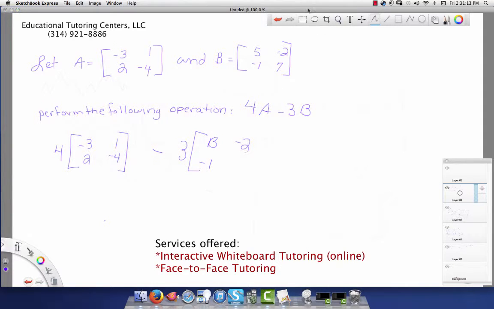And we're going to subtract 3 times matrix B. When we multiply these, we're just multiplying through the distributive property, and we'll do the same thing here.